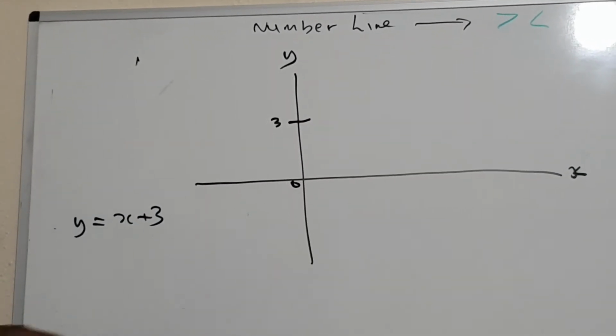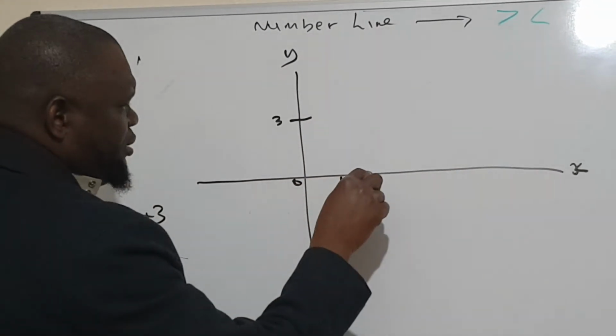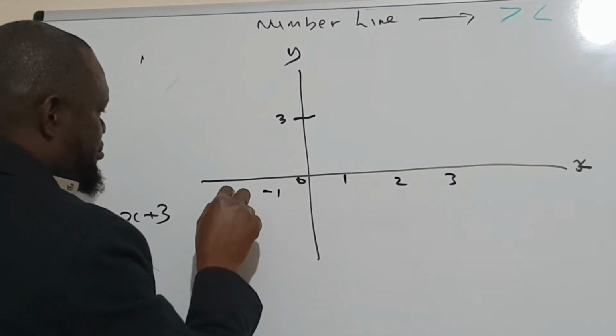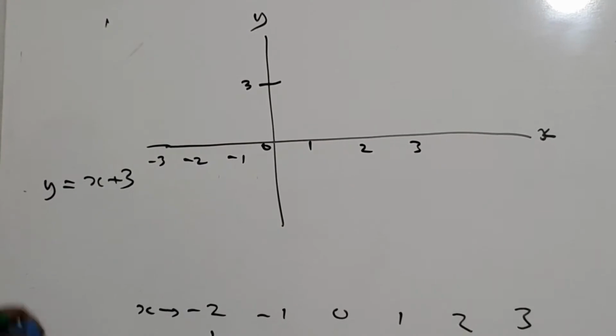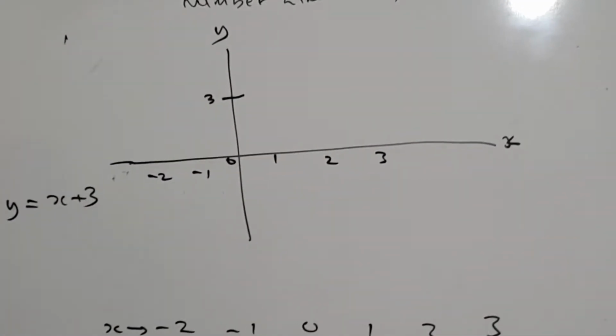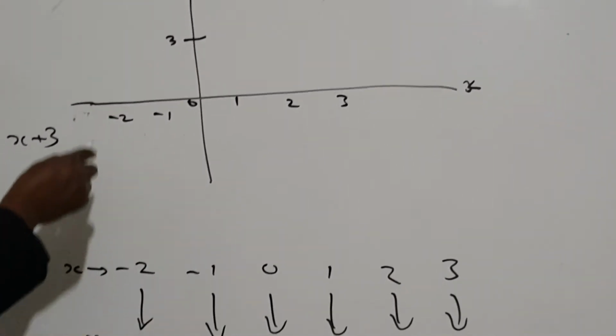Now, look at the numbers. We sort the numbers. Okay, 1, 2, 3. Minus 1, minus 2, minus 3. Okay, but we don't put minus 3 because it is between minus 2 and 3. When x is minus 2, y is 1.